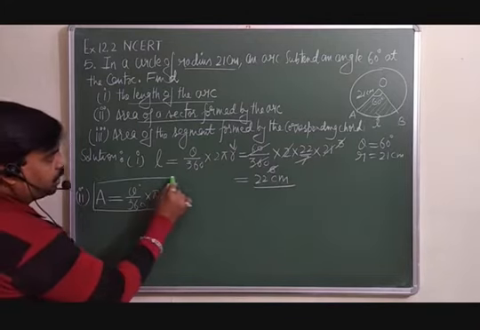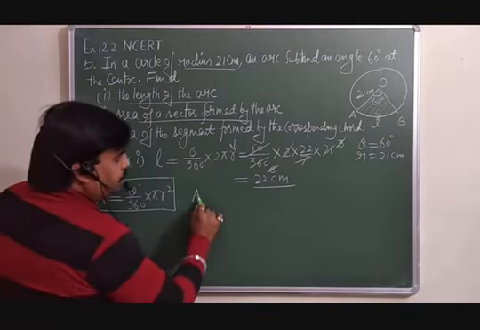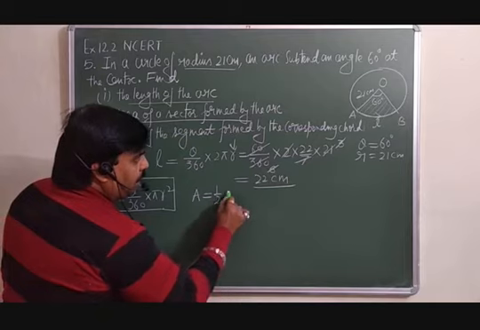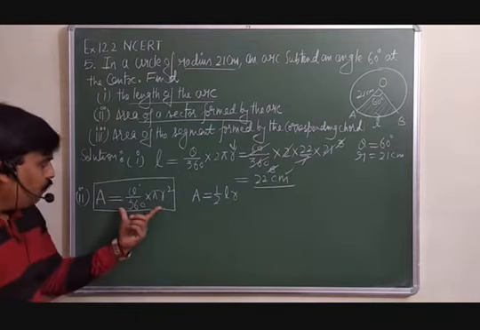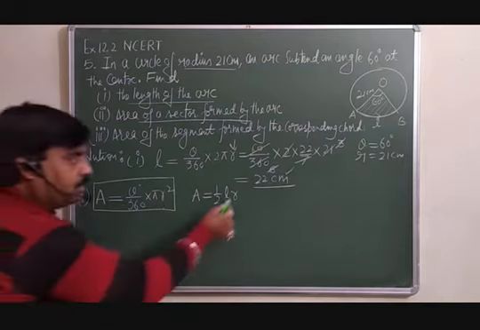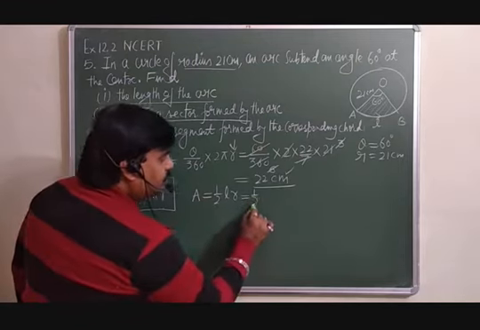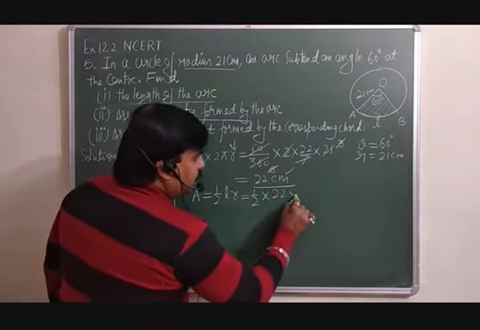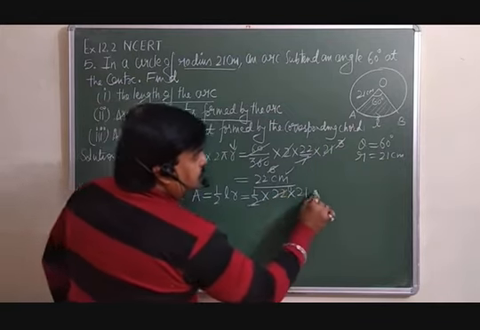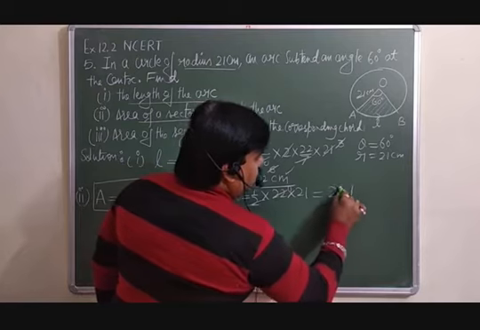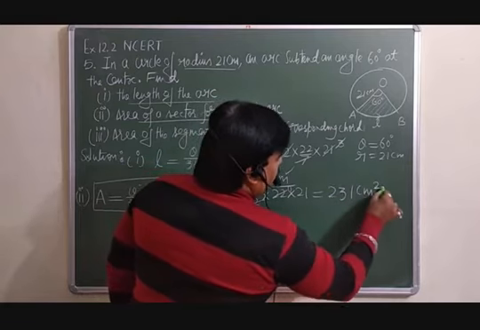But there is another formula we discussed, 1/2 L into R, because L we already know. Then why should we do more calculation? Directly do 1/2, L is 22 and R is 21. So this is 11, so this is 231 centimeter square, and this is the area of this sector.